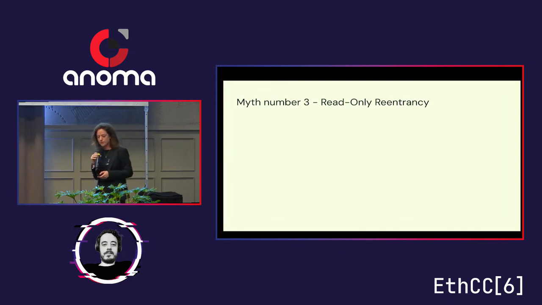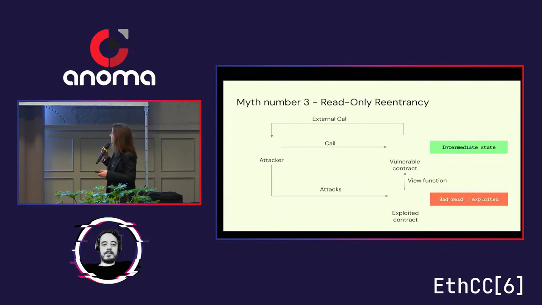And what happens when you have a read-only reentrancy? There is a bug here in the presentation. So what happens here is that a bad intermediate state is exploited through an external call to another contract.